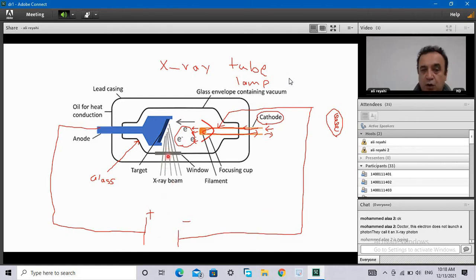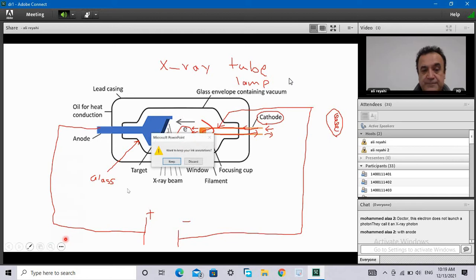We only need X-ray in this direction. Between the casing and the X-ray tube, we have oil. This oil helps the system to send out a lot of heat that is produced here, so it is for cooling the X-ray tube. Okay?